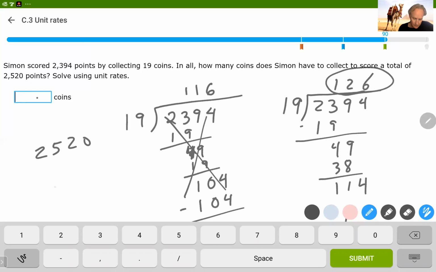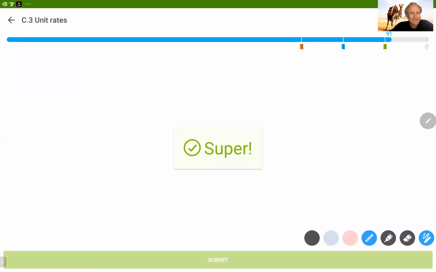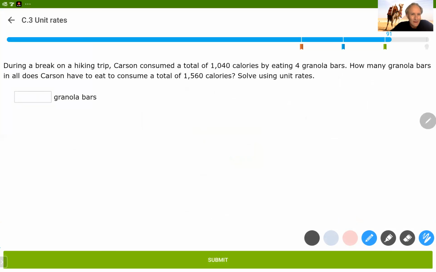And to get from 126 points per coin, let's divide the 126 into the 252. Goes in 2 times. And don't forget the 0. That is 20. Might have been able to guess that one. A calculator would have been nice for that one.